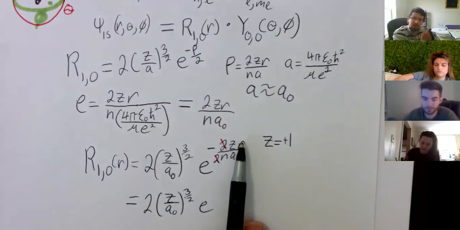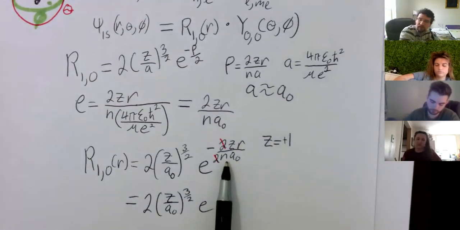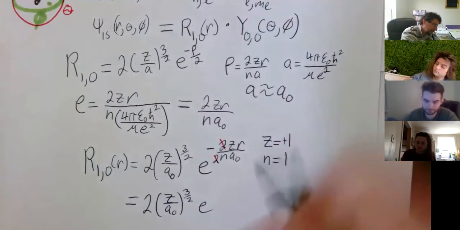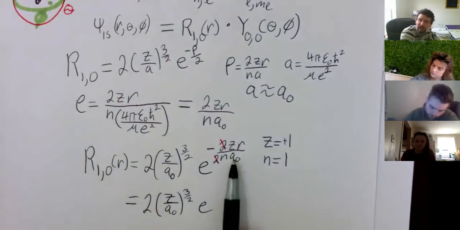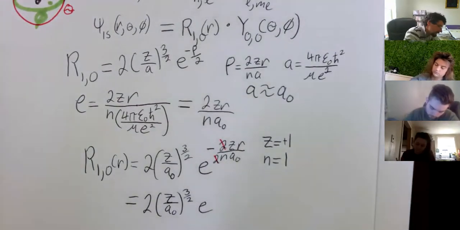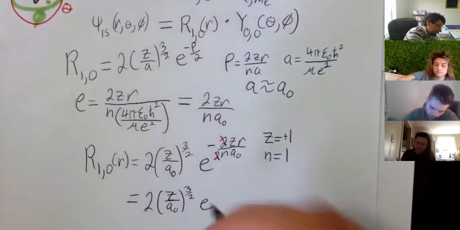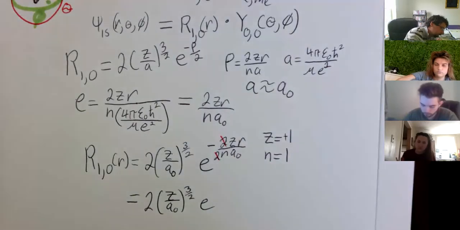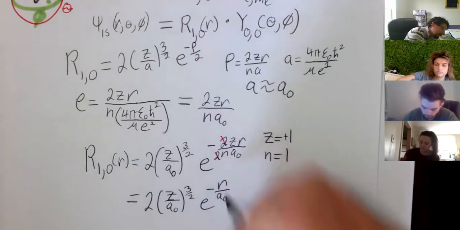N, what's N in this case? 1. Why 1? Because it's a 1s orbital. We've also specified it here. And A naught is just some constant, right? So what are we left over with then? Just r over a naught, negative r over a naught.